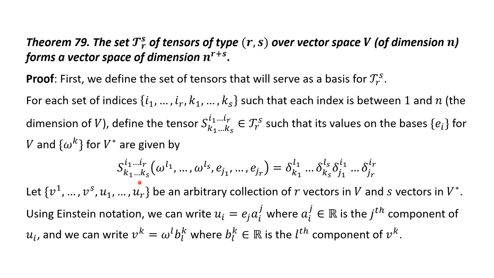So it's just saying applying this tensor to these basis vectors is a product of Kronecker deltas, so a pretty simple output. It's clearly a real number. It's either 0 or 1.